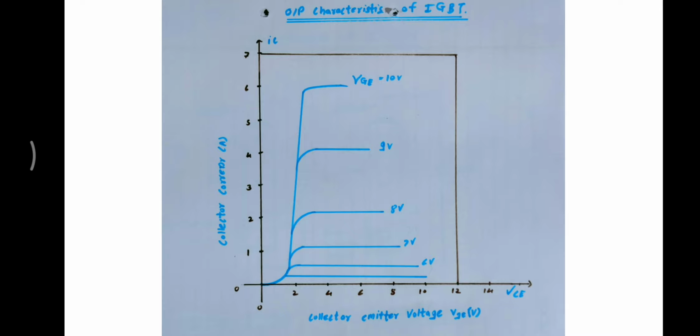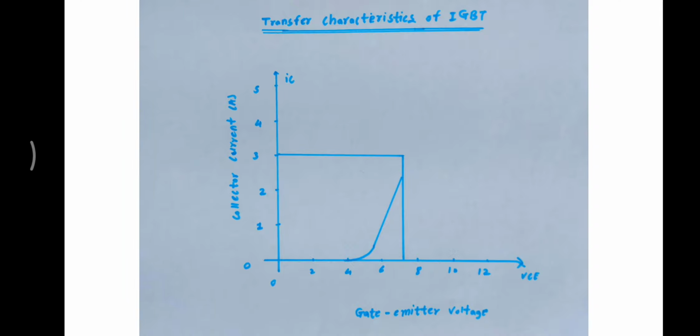Then the third region is forward blocking, when VCE is high but VGE is insufficient, the IGBT is off and blocks forward voltage.